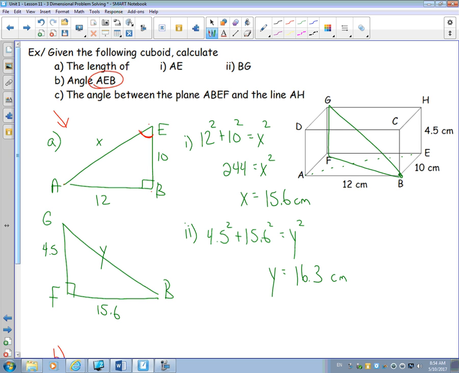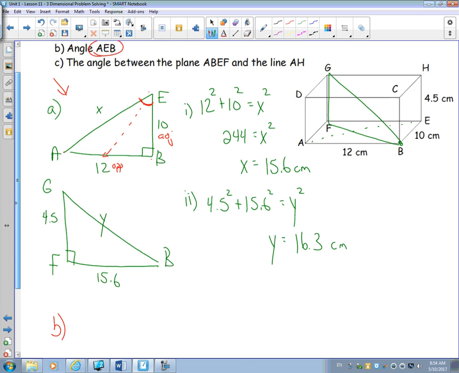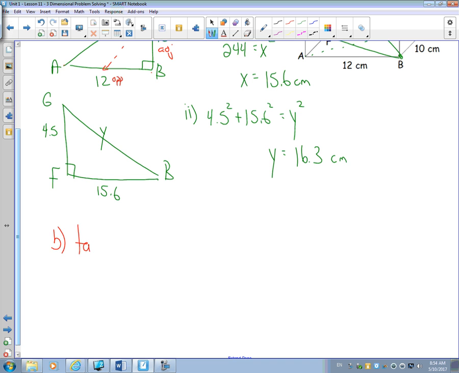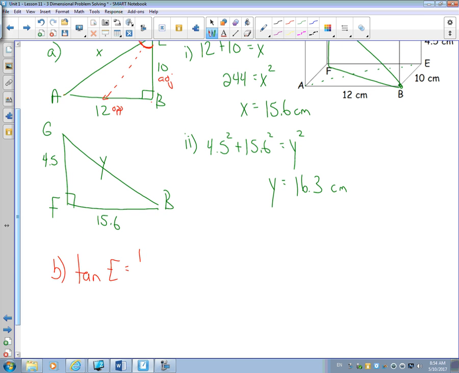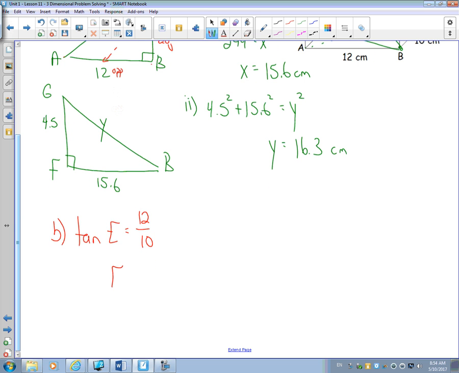It's right angled. This is my opposite. This is my adjacent. I can use tan. So I'm going to say that tan of E equals opposite over adjacent, which means I can use an inverse. And the inverse tan of 12 over 10 should come out to 50.1.